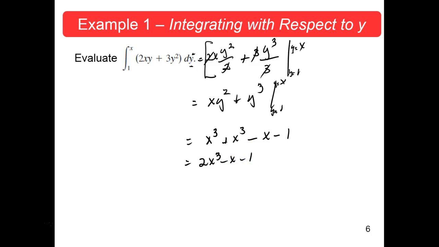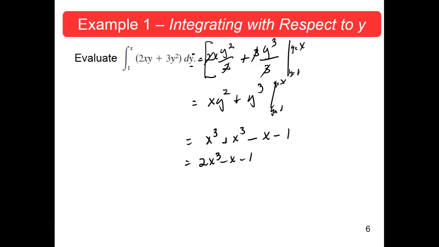Do you see that? Sort of like he said, you're doing it backwards. But just like when you're taking partial derivatives, if you're taking the derivative with respect to x, count the y as a constant. If you're taking the derivative with respect to y, count the x as a constant. Same thing here.